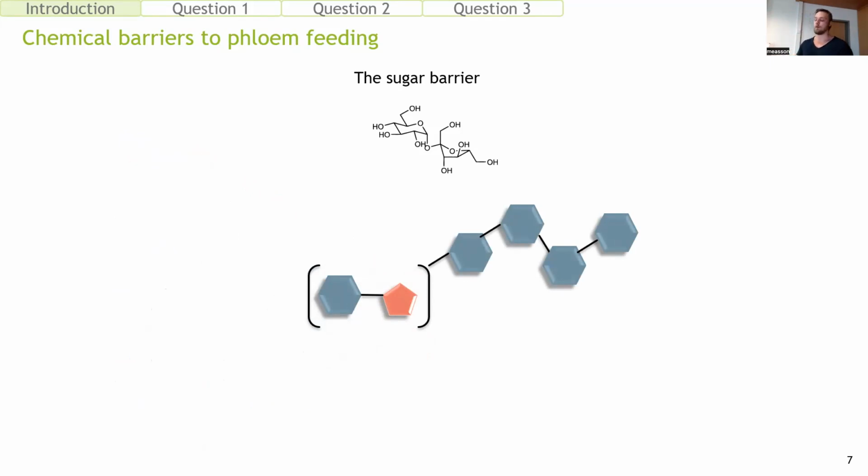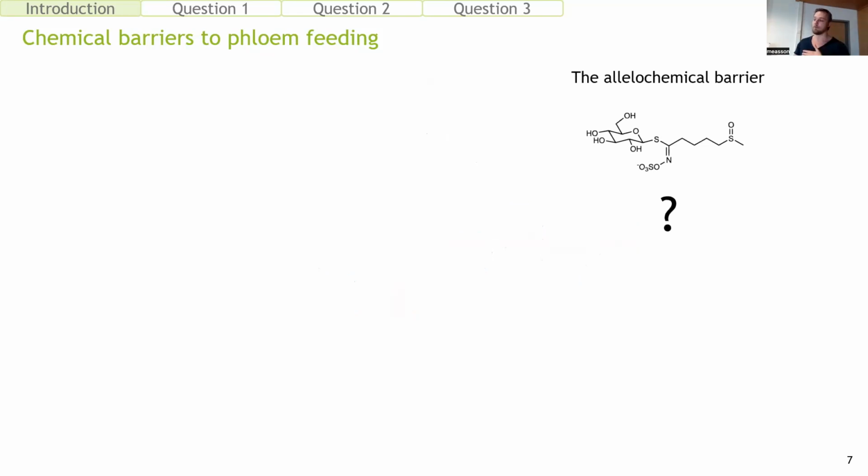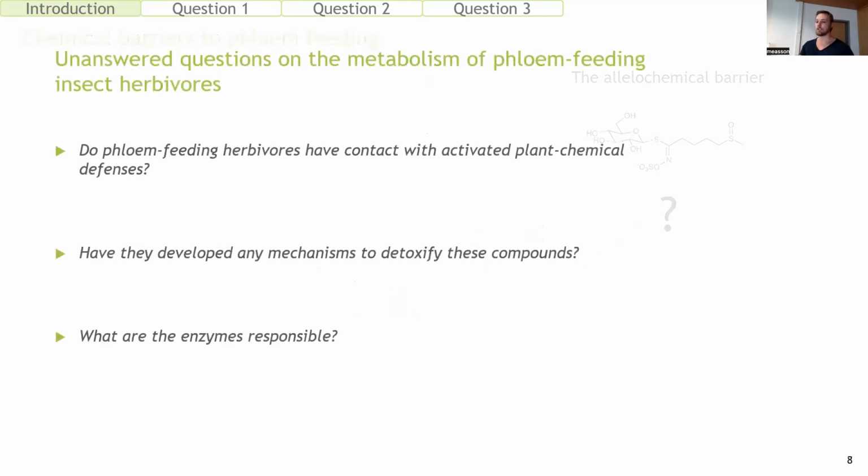And then, of course, the one I focused on was, are there also allelochemical barriers, specifically two-component defenses? Do these also represent an actual defense to these insects? This is how I want to set up the progression of this talk: question leading towards the research.